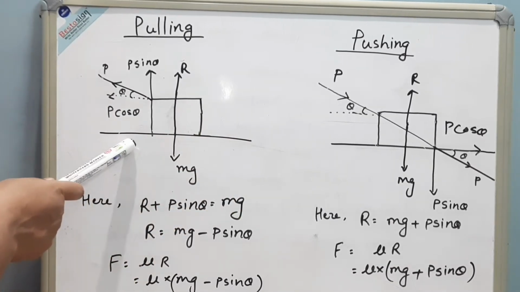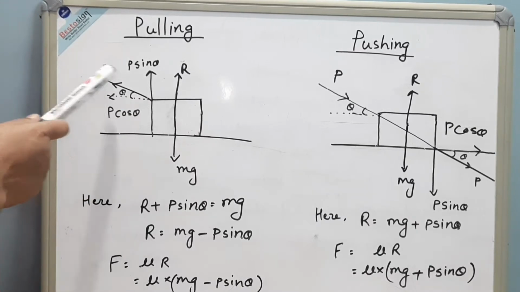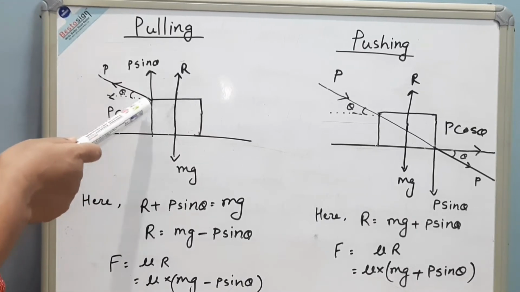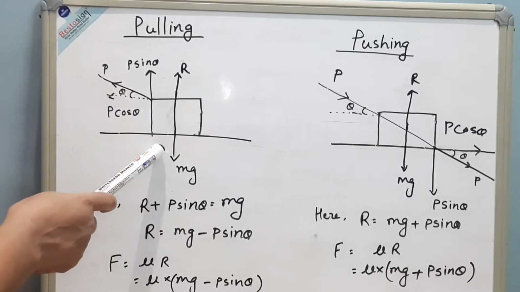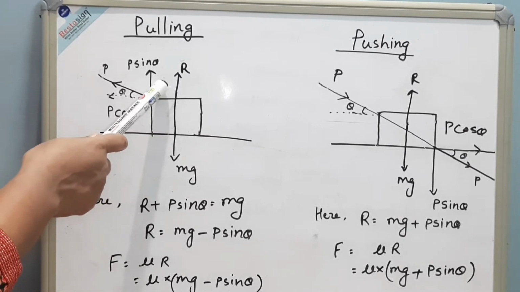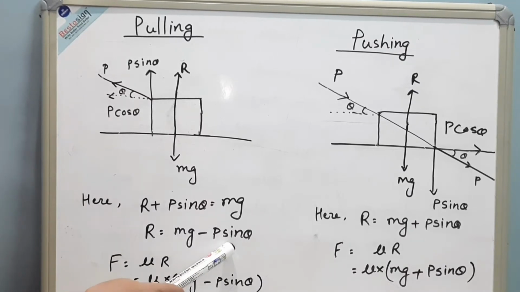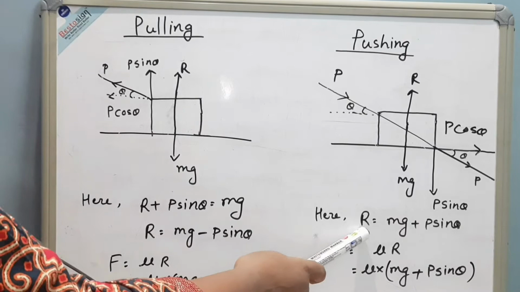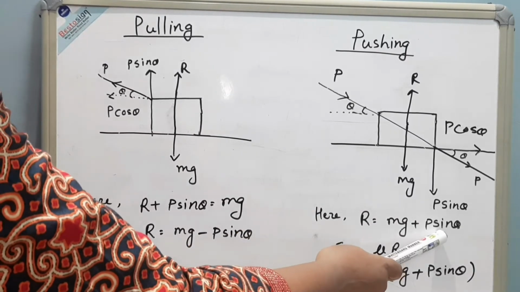Now we'll see first what happens in case of pulling. The components of this force P are P sin theta vertically upward and P cos theta horizontally. The other two forces working on this object are mg, the weight, and R, the normal contact force. So the value of R in this case is mg minus P sin theta, whereas the value of R in the case of pushing is mg plus P sin theta.